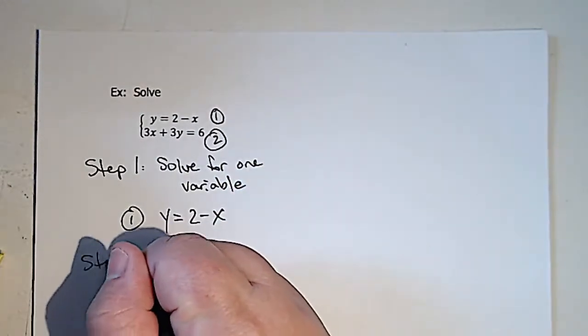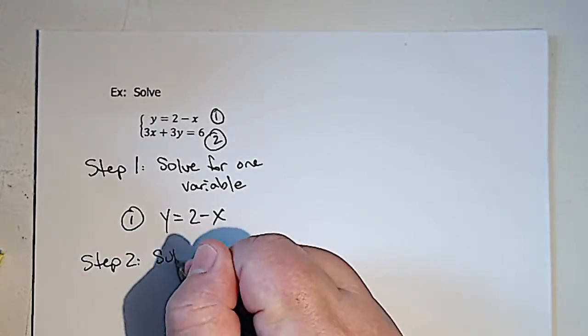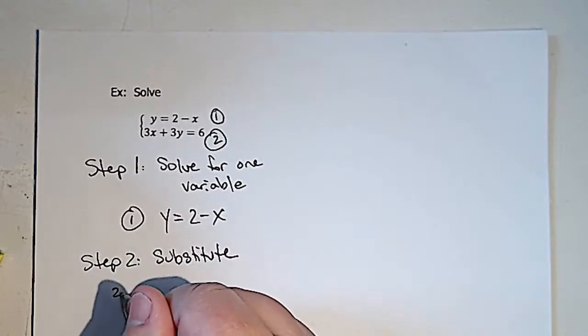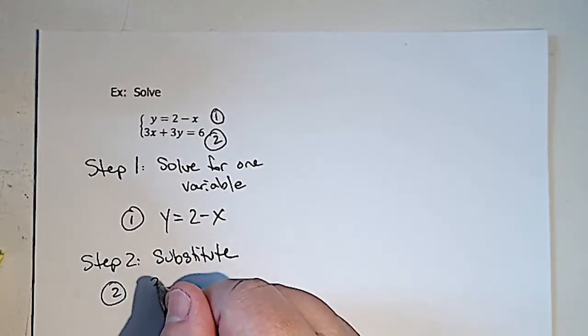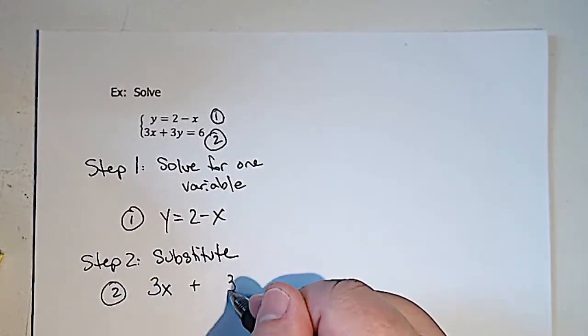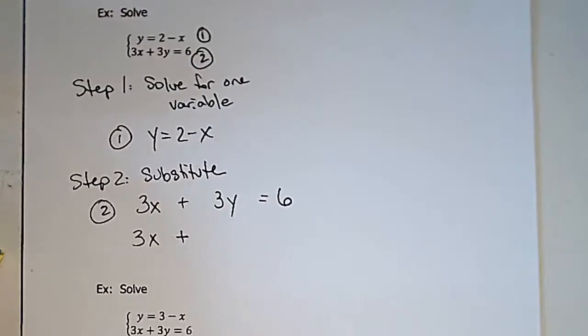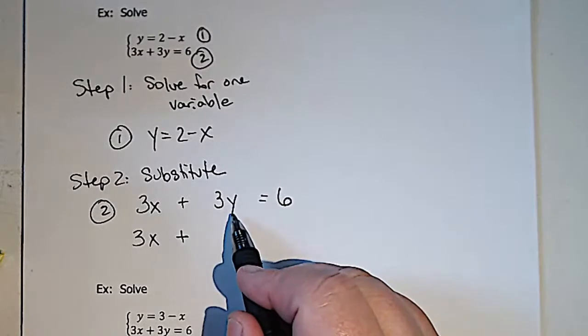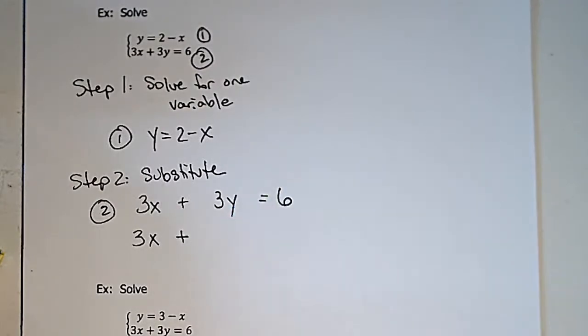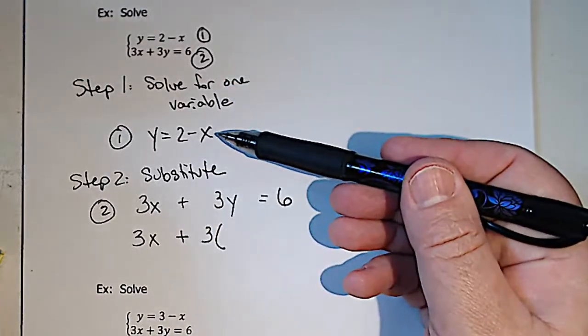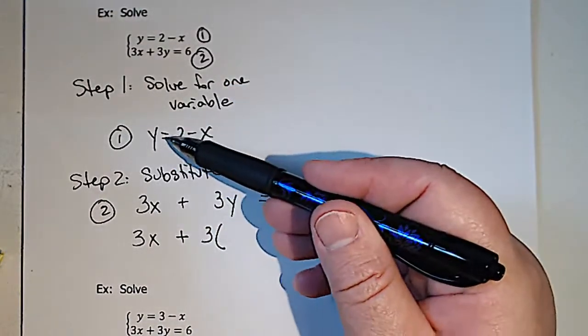Step two, substitute. So what that means is we take the other equation, in this case, 3x plus 3y equals 6. And in place of the y right here, let me scooch this up a little bit so you can see better. There we go. In place of this y, you're going to plug in what y was equal to in the other equation. In this case, y equals 2 minus x.